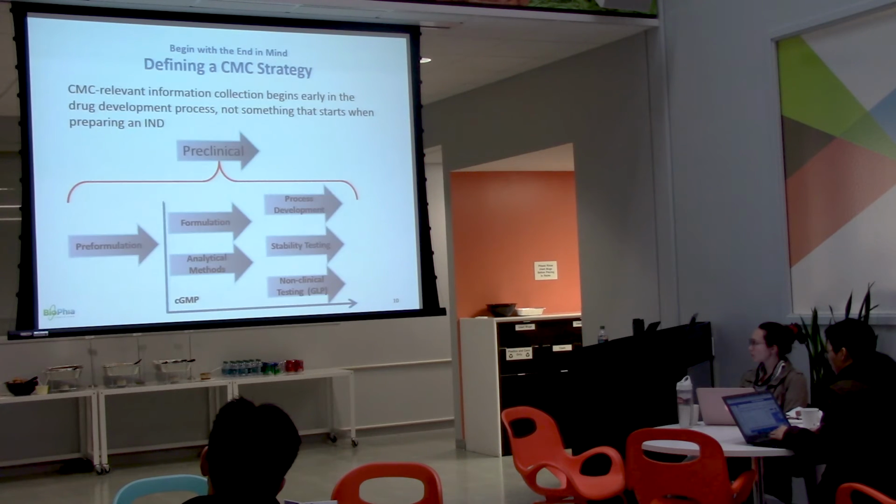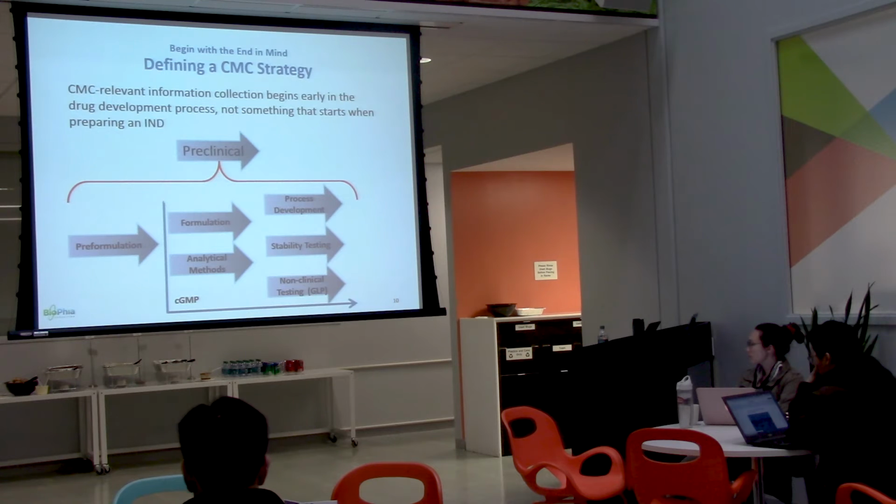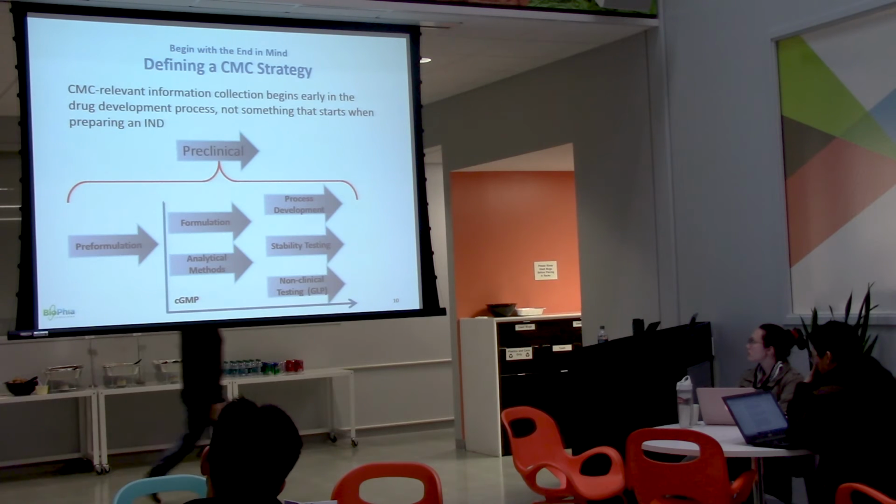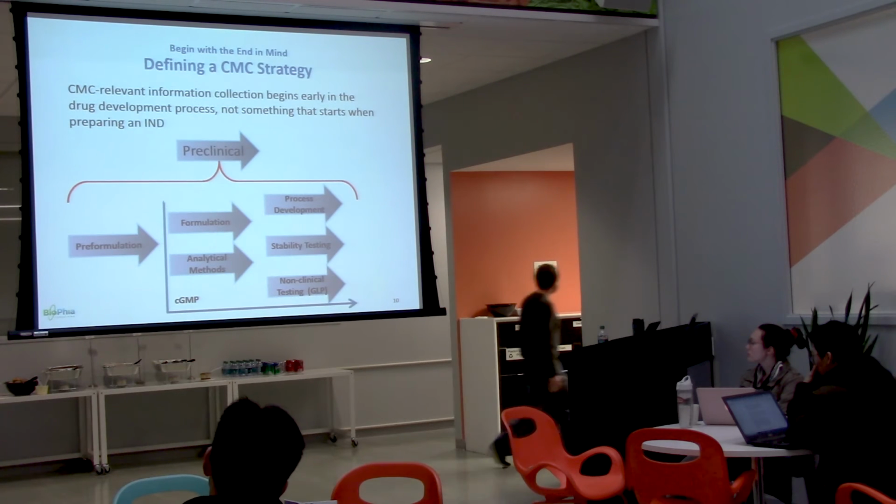So it's required, but it's pretty easy to do. Okay, so that's a general list of the elements that are required for a CMC section. So now we're going to go back and talk about some strategy and what needs to be done in detail for some of these different processes that you go through in the development of the drug. So again, this slide's in here to reiterate the idea that you really start putting CMC information together early in the drug development process.